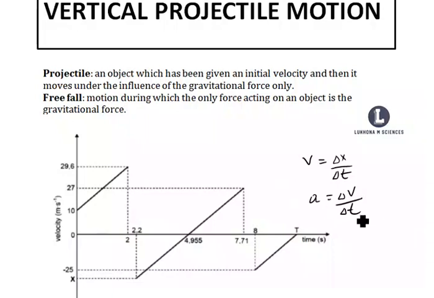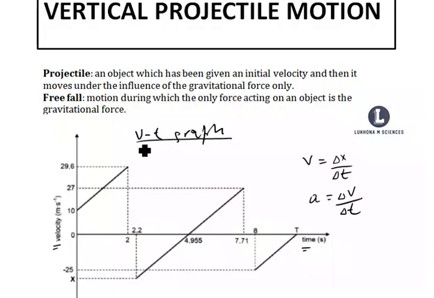Now what is important here is that since we have velocity on this side and time on the other side, the graph is a velocity time graph. Therefore, you rearrange your formulas so that the velocity and time are on one side, either multiplying each other or dividing each other.